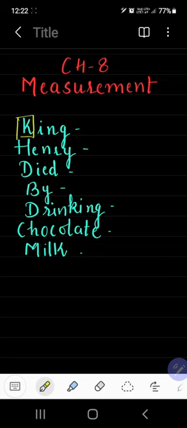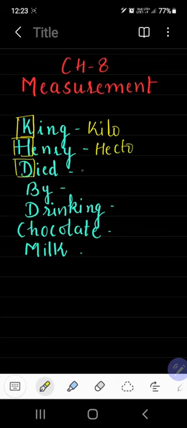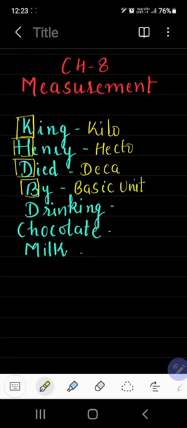K is the prefix kilo. H in Henry is the prefix hecto. Then D means deca. B is the basic unit. Basic unit, what is basic unit?